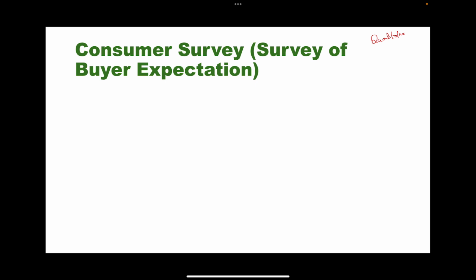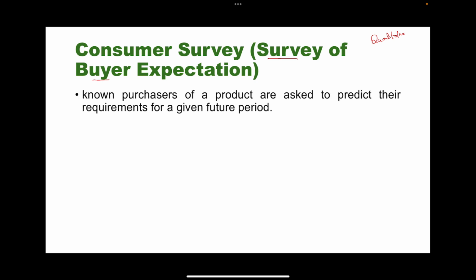So the consumer survey method is a type of qualitative method. That is the survey of buyer expectations. So in this method, purchasers of a product are asked to predict the requirements for a given future period. For a company, there will be regular purchases, regular customers.